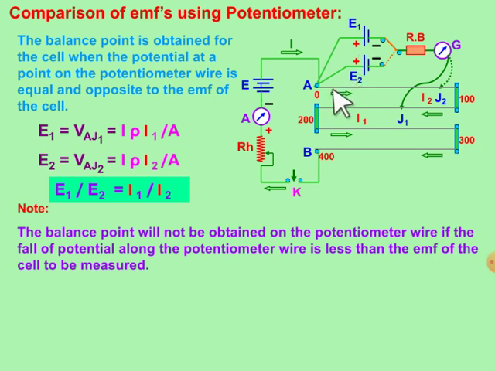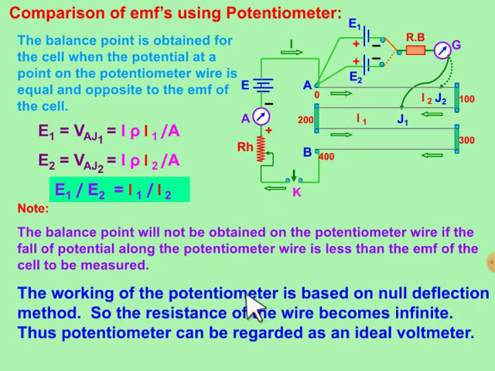That means your E, capital E, must be greater than either of the EMFs of these two cells to be compared. Your E must be greater than E1, and also greater than E2. Got it?